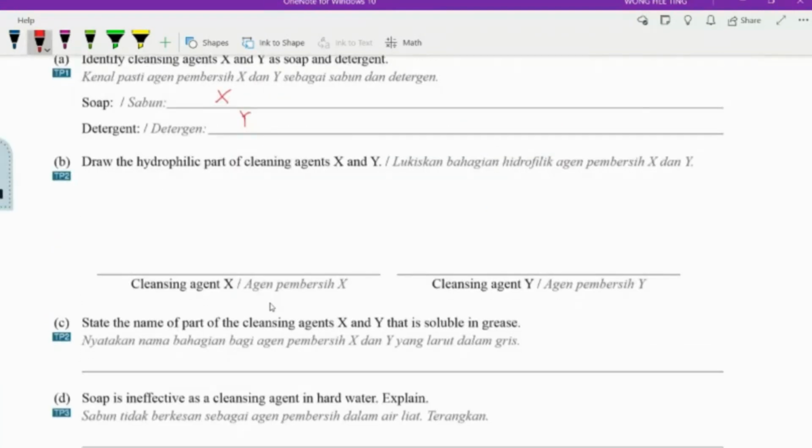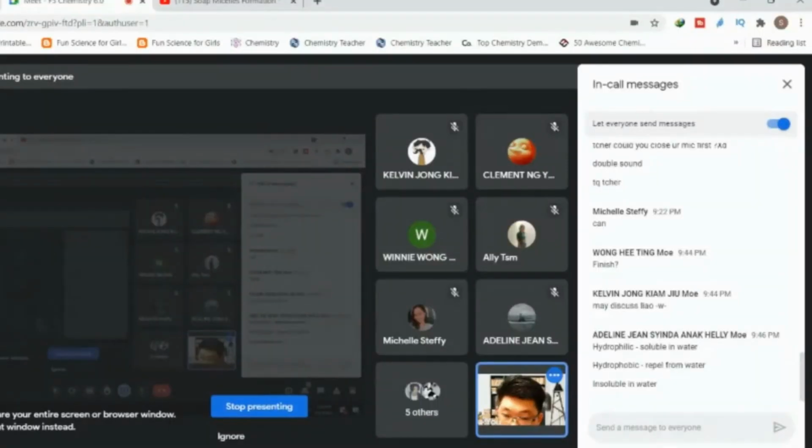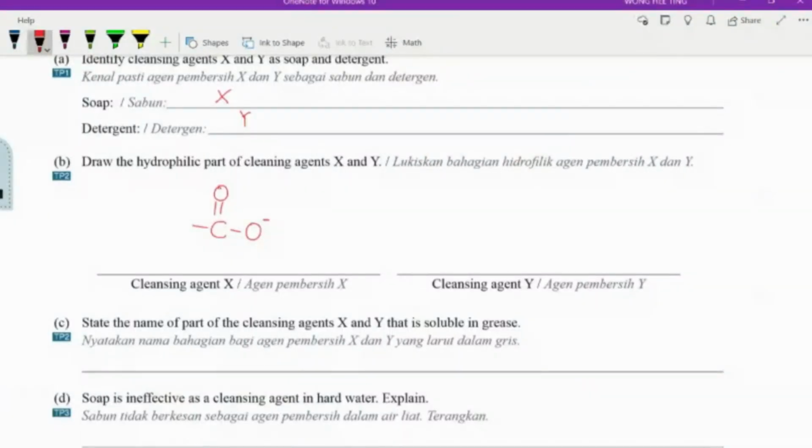So you just draw it here, the COO carboxylate. Then for Y, the detergent, it is SO3. Correct on that? Next.